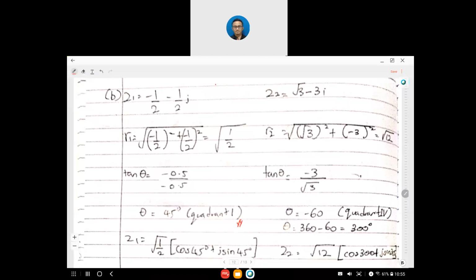Supposedly it is placed in quadrant 3, because both values x and y are negative. So it will sit in quadrant 3. So the angle you got, 45, supposedly you must add with 180, so 180 plus 45.